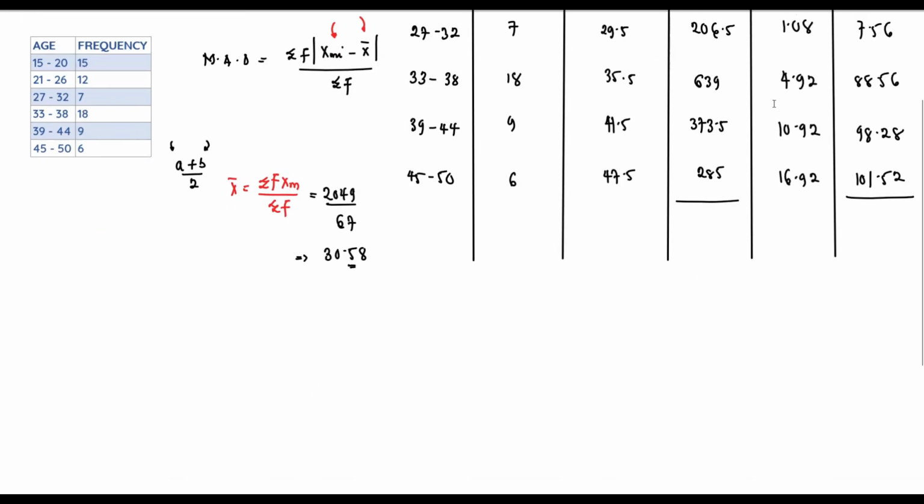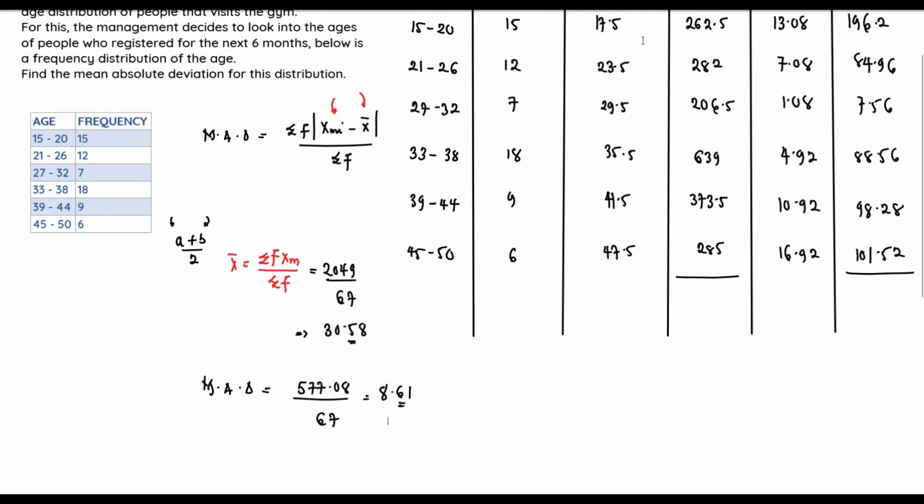So that means the mean absolute deviation is equal to 577.08 divided by the sum of frequencies, which is 67. When we do the math, 577.08 divided by 67 gives us 8.61. So the mean absolute deviation of our data set is equal to 8.61 to 2 decimal places.